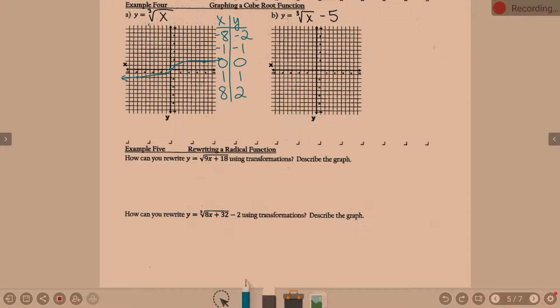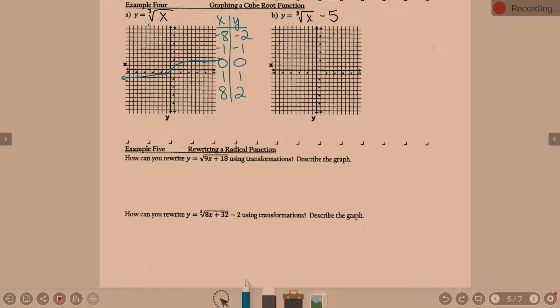Like earlier, the square root of x was part of an x squared graph, so it was part of a parabola, sideways. Well, y equals x cubed looks like this. What happens if you make it sideways? It's your y equals cube root of x. I'm not leaving that there, just drawing it in.